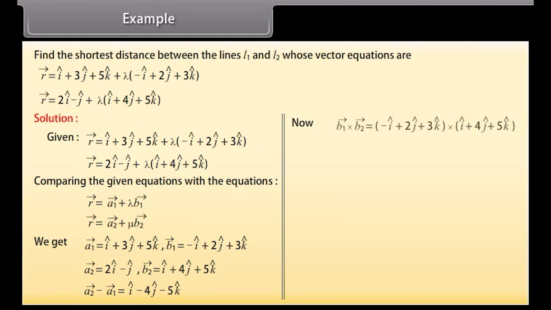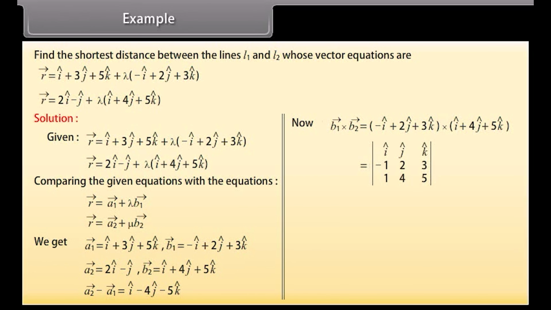Now, cross product of vector b1 and vector b2 is minus cap i plus 2 cap j plus 3 cap k cross cap i plus 4 cap j plus 5 cap k equals determinant. Row-wise, first row cap i, cap j, cap k. Second row minus 1, 2, 3. Third row 1, 4, 5 equals minus 2 cap i plus 8 cap j minus 6 cap k.